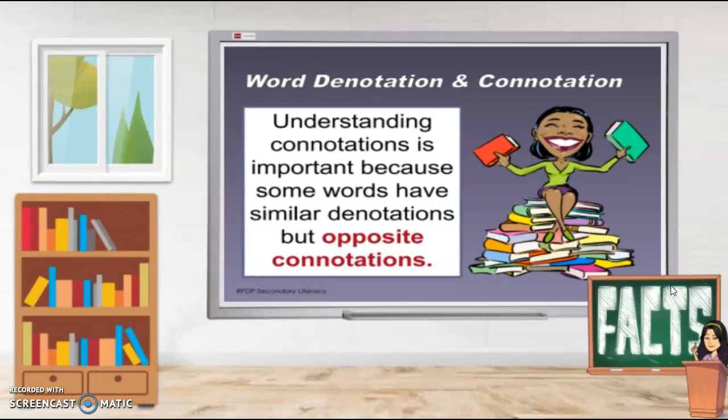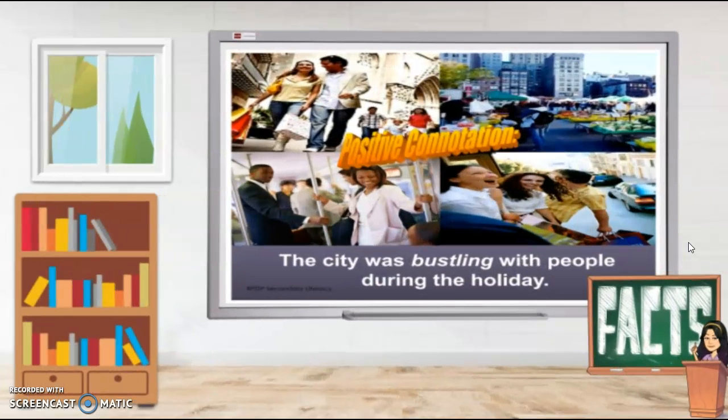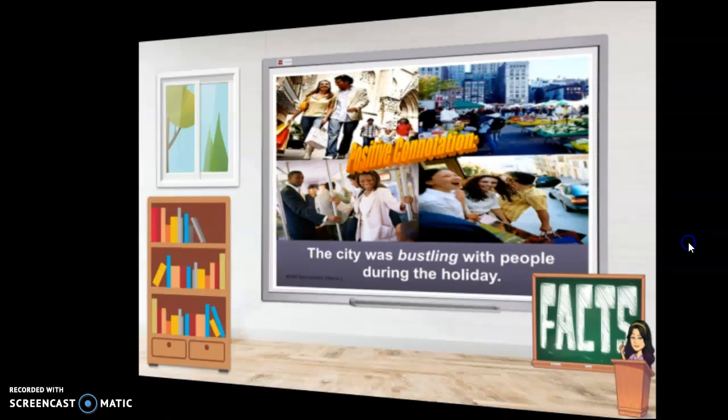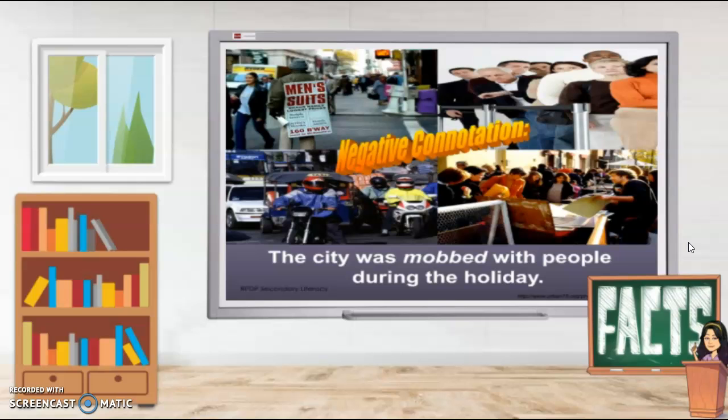Understanding connotations is important because some words have similar denotations but opposite connotations. For example, for positive connotation, the city was bustling with people during the holiday. Negative connotation, the city was mobbed with people during the holiday.